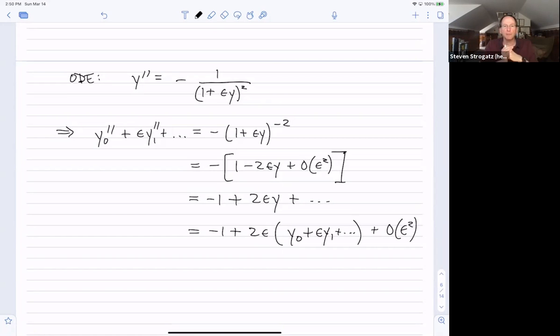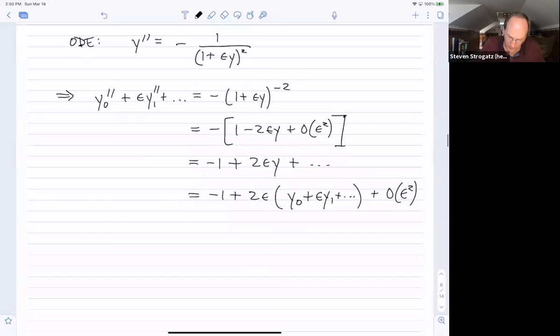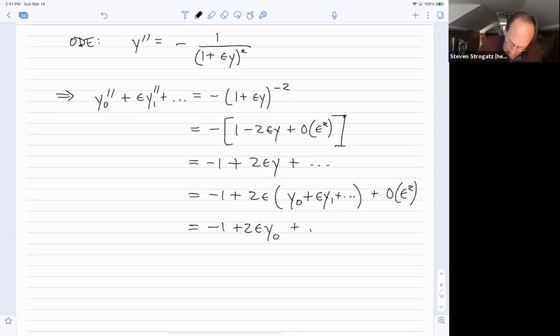So anything that's order epsilon squared, we're neglecting. And so when you multiply out, you can see I've just generated such a term. I have a 2 epsilon y0, that's order epsilon. I want to keep that. But the next term, from this 2 epsilon times this epsilon y1, would create an order epsilon squared term. And so that's getting dumped into the plus ... category for now.